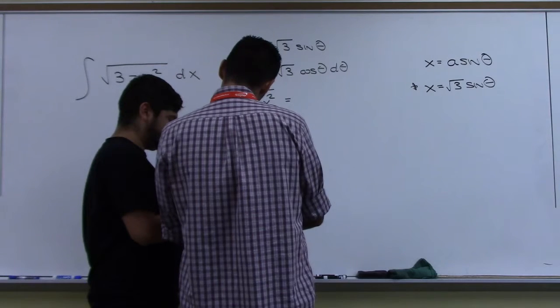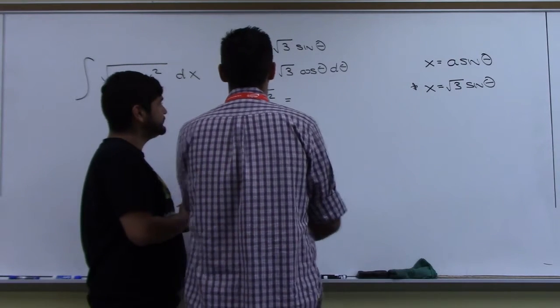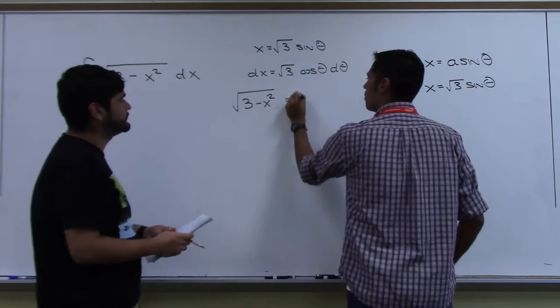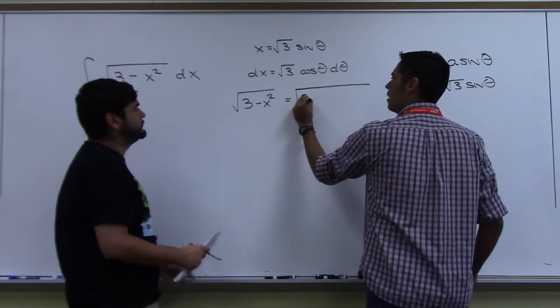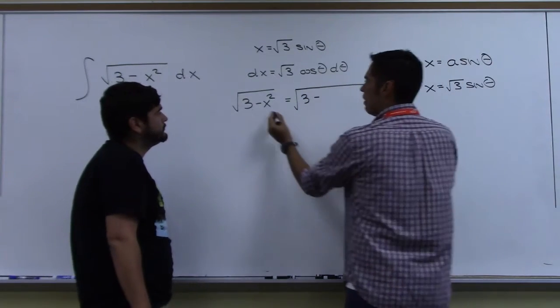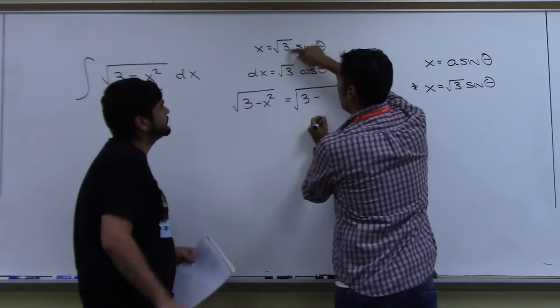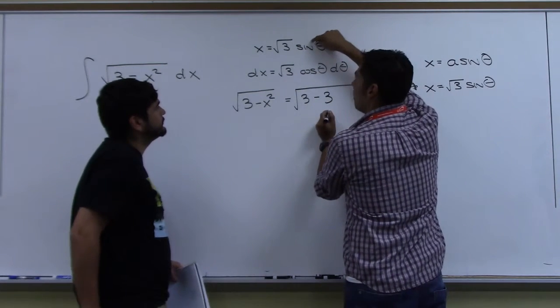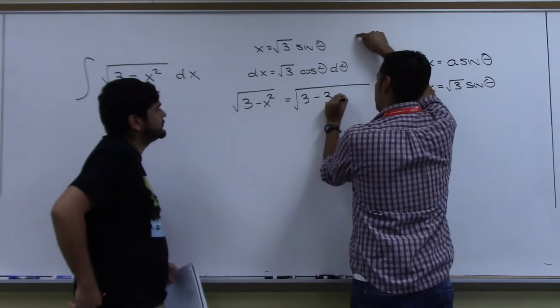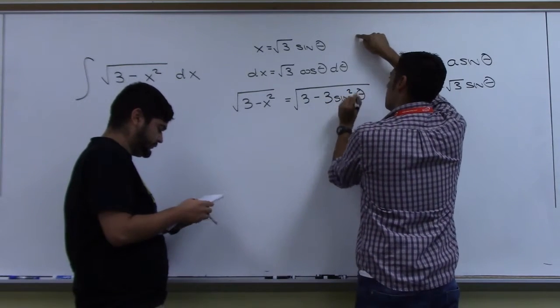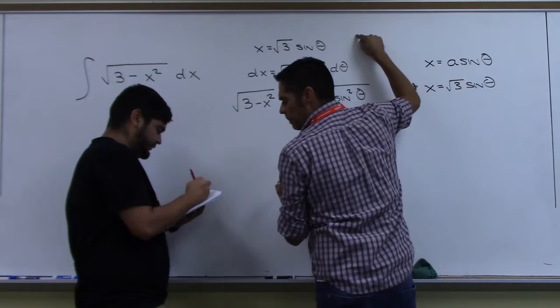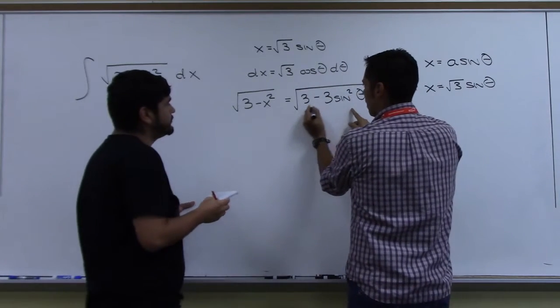Okay, so let me do it right here. You go square root 3 minus now x squared. So you square this, right? So square that and you get what? 3. I think you might have missed that. You don't have a squared on it. Okay. Now each of these has a 3.